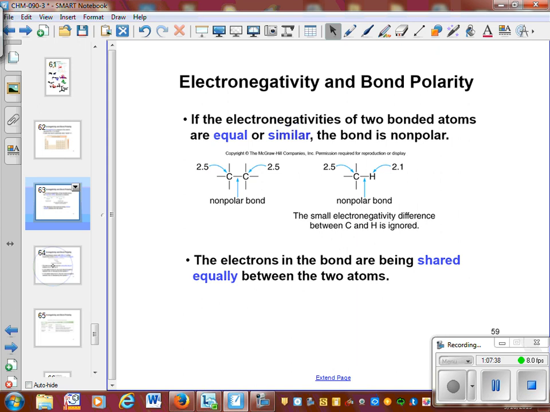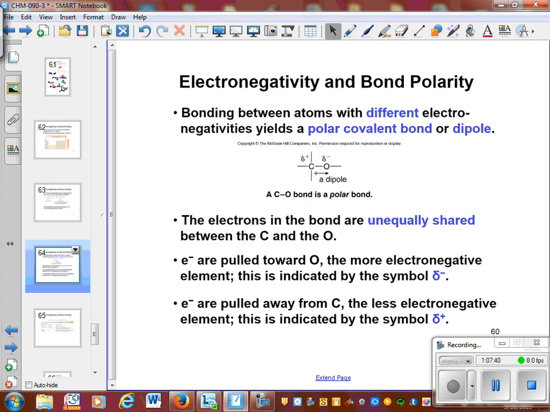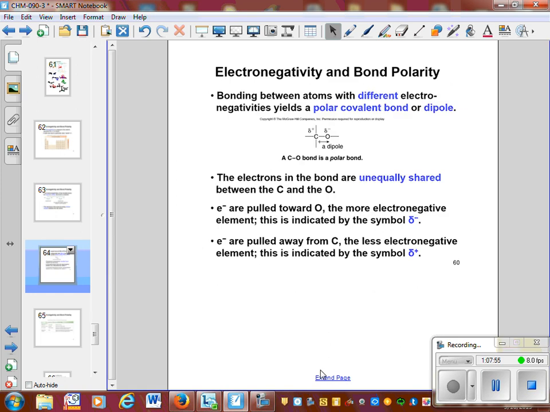You look between the carbon and the oxygen electronegativities, and that table's on page 102. Oxygen is 3.5, carbon is 2.5, so it's a difference of 1.